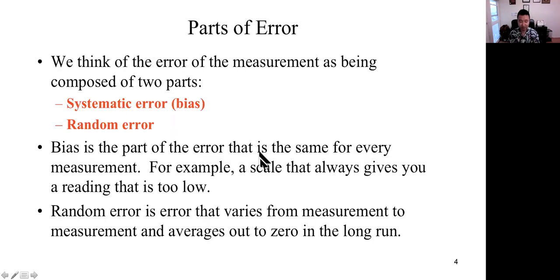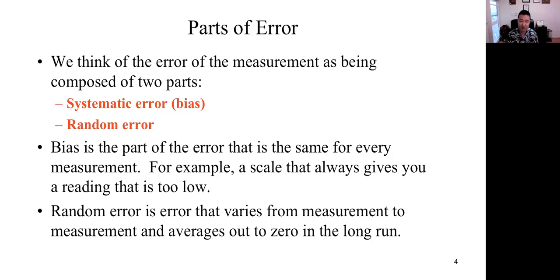And error is composed of 2 parts. The first part is called bias or systematic error, and the second part is called random error. Let's look at these 2 parts. Bias is the part of the error that is the same for every single measurement. For example, we use a scale to measure the weight of the rock, and every time the scale gives a higher value, overestimating the true value.